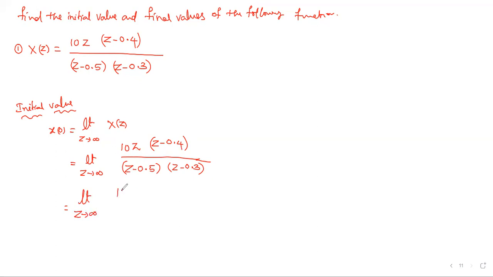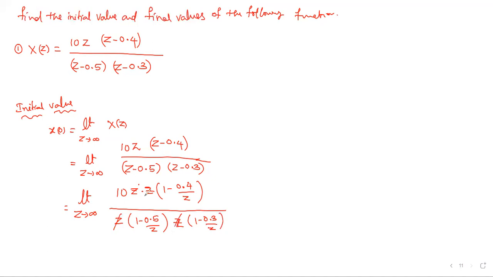So now 10 into z, you take common: 1 minus 0.4 by z, into z, divided by, this is also z, this is also z. Take z common: 1 minus 0.5 by z, and again here also take z common: 1 minus 0.3 by z.